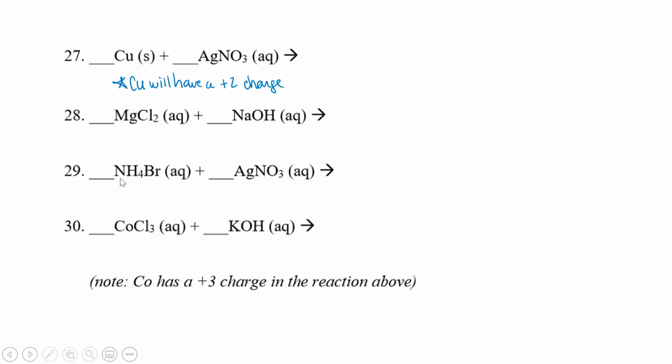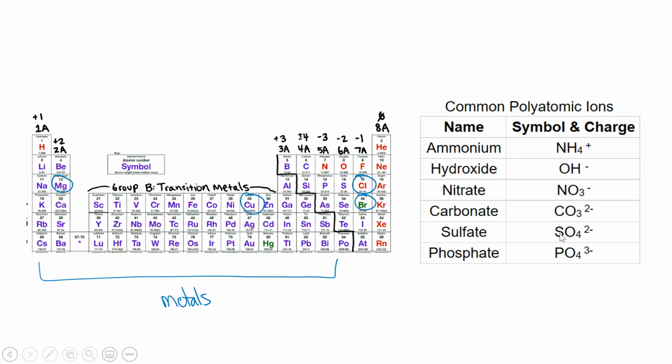And then the other one that's kind of odd, actually down here with 29, is you might look at this compound on the left and say, well, there is no metal, right? We said that ionic compounds are a metal and a non-metal, but this one doesn't have any metals. It's all non-metals. So what this is, NH4, we flip back here, this is the one example of what we call a polyatomic ion that has a positive charge. And you know who else has positive charges?